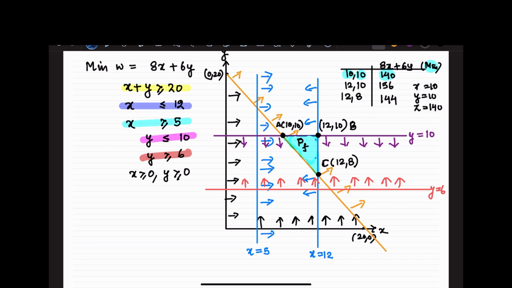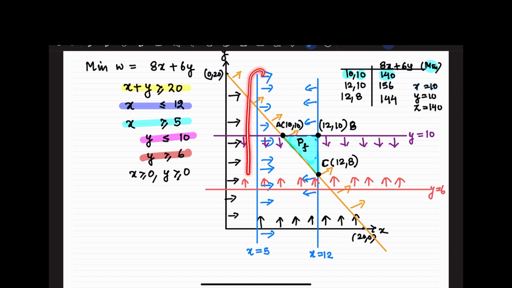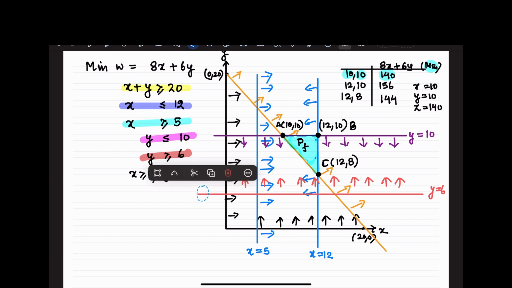See, the point that I was trying to make with this example was this constraint. First see this constraint, and then you see this constraint also. Let's say this constraint was not there. If this constraint were not in the problem, the feasible region remains the same.